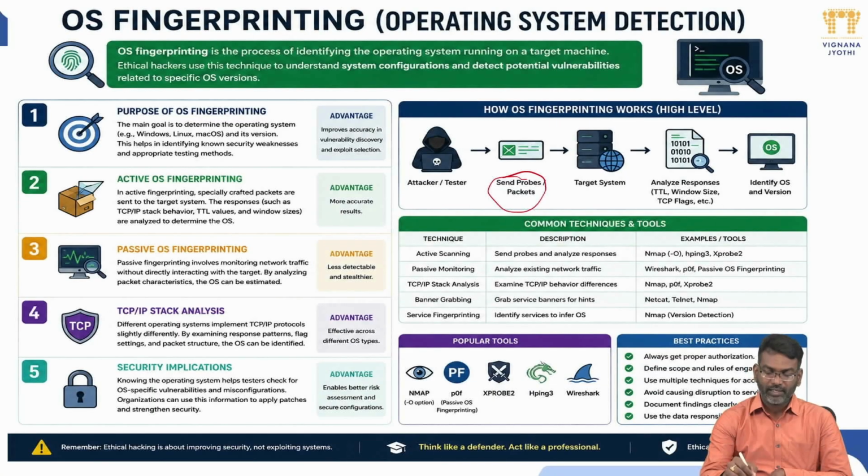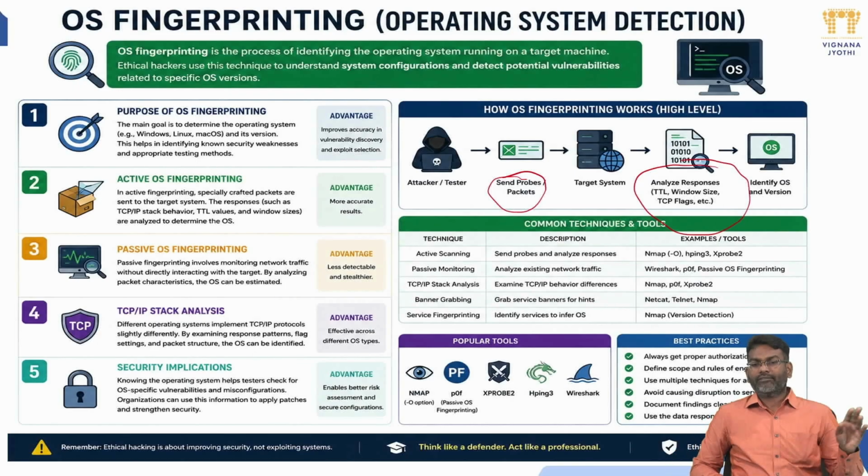So we have to properly analyze by using the TTL, window size, TCP flags, and everything. TTL is nothing but time to live, or time of life. Every packet will have some sort of time of life. Here the OS is also playing a vital role in every individual packet's life.